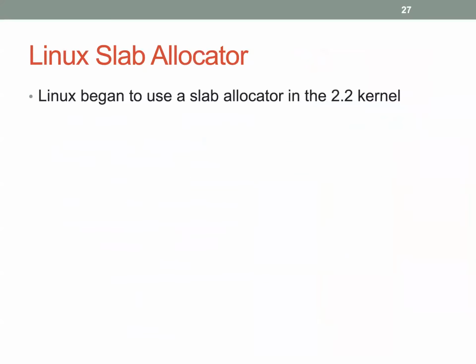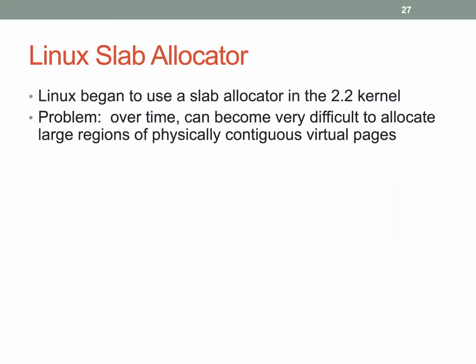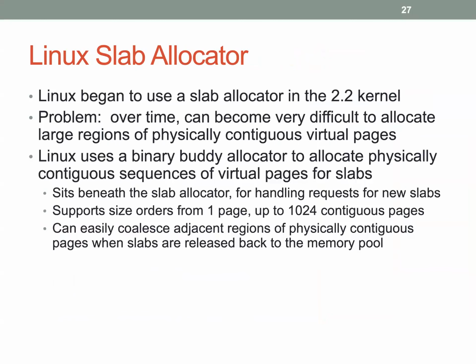Okay, so this is what I was mentioning before. Linux started using a slab allocator in 2.2, and because of the issue of physically contiguous address ranges, and of course Linux wants to be fast, so they have DMA transfer support for as many peripherals as possible, and that means that you frequently need physically contiguous runs of page frames for the peripherals to write into.